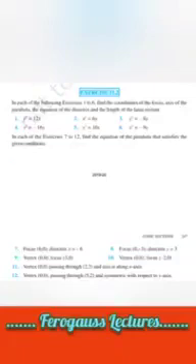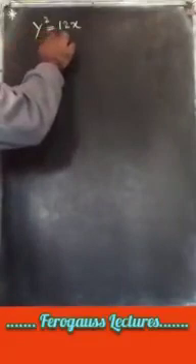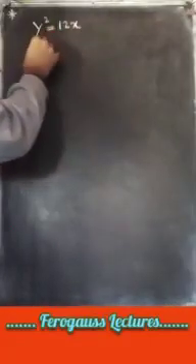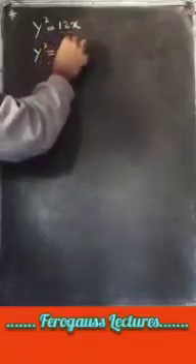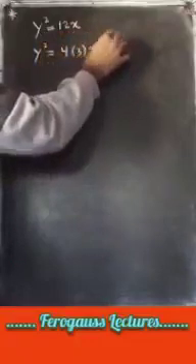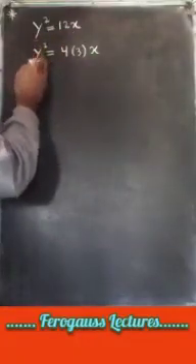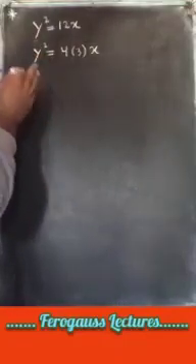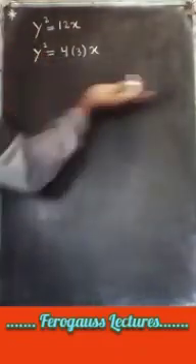Let us take the question when equation of parabola is y square equal to 12x. Here we have equation of parabola as y square is equal to 12x. We can write it as y square equal to 4 into 3 into x. Now, this parabola is symmetric about x-axis, and its axis is along positive x-axis.